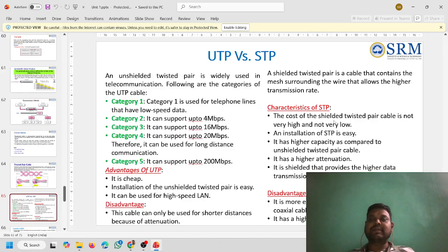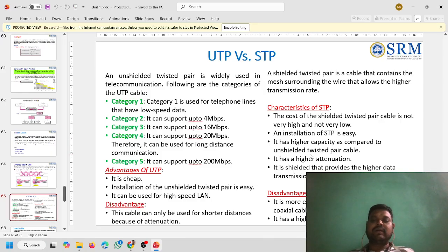Shielded twisted pair cable is slightly costlier than unshielded twisted pair, but it is not very high compared to optical fiber or coaxial cable. Again, the installation of shielded twisted pair is also easy. It has high capacity compared to unshielded twisted pair.